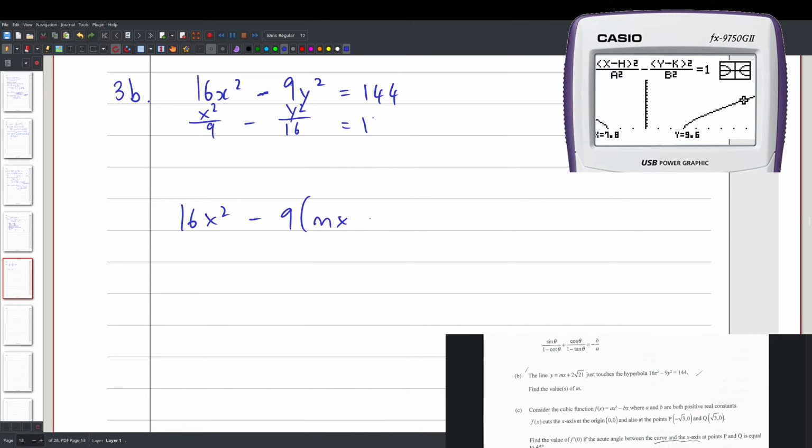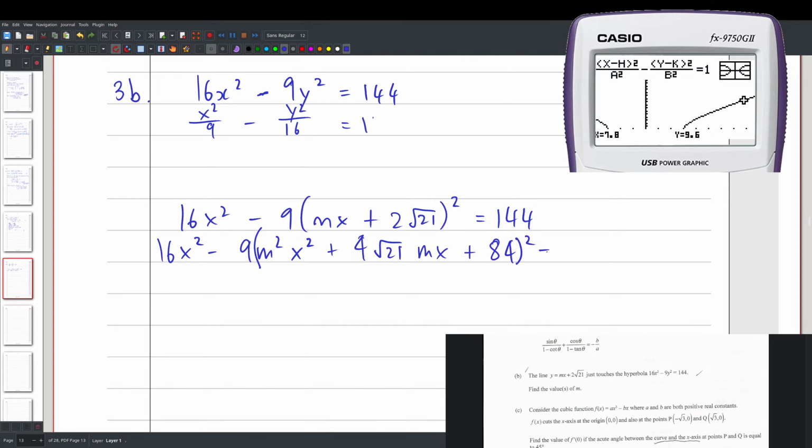You go mx plus 2 root 21 squared equals 144, and delta. Oh, that comes later. 16x squared minus 9m squared x squared. I'd rather not expand it all at once. Plus 4 root 21 mx plus 84 squared equals 144.